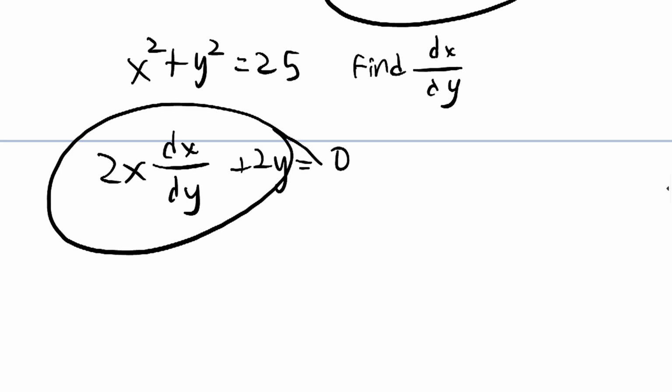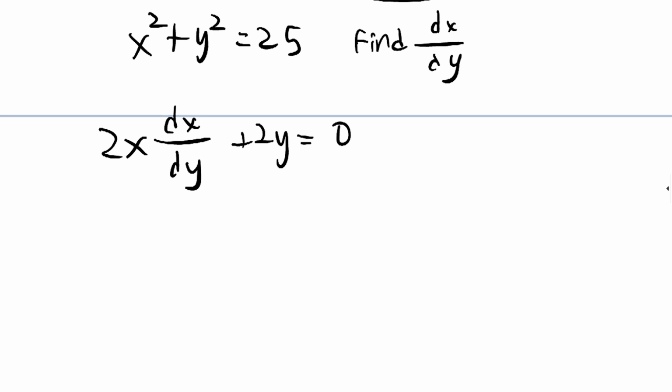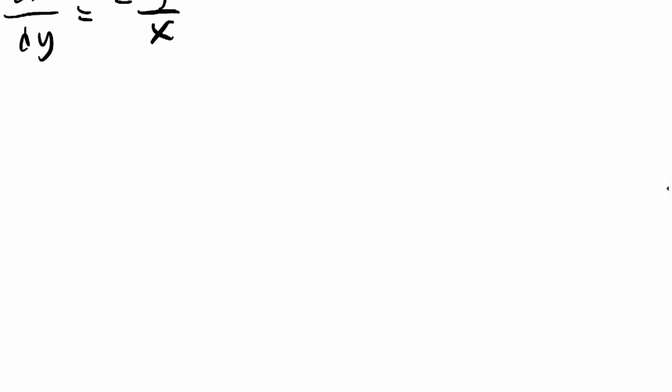And so now this changes everything. And of course, this is just going to be dx dy is equal to negative y over x. Really important. Obviously you guys get the gist of the idea. Anytime you take a derivative of something with a y, just tag on a y prime or dy dx, right?